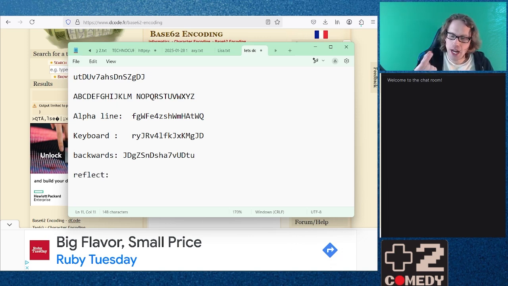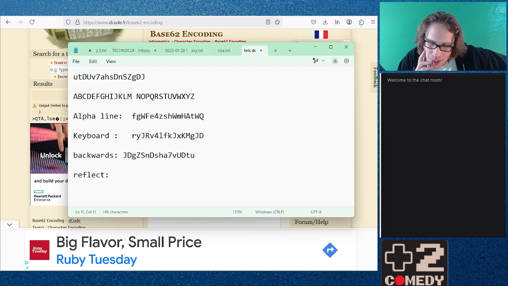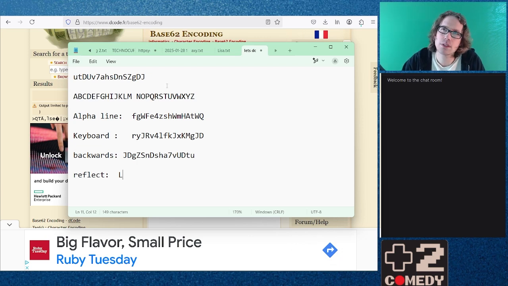Like a J turned the other way, like maybe we call it a capital L, right? No, yeah, that's right. And then a D turned the other way.